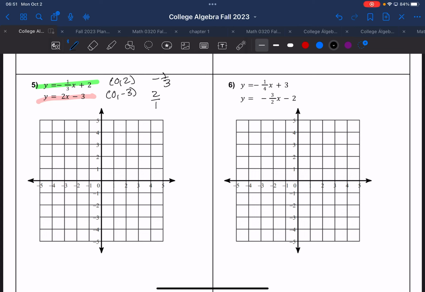Okay, so graphing that 0, 2, and then doing my slope -1 over 3, so down 1, right 3. I'm going to do the opposite too. I'm going to go up 1, left 3.